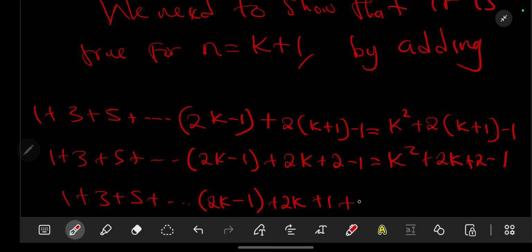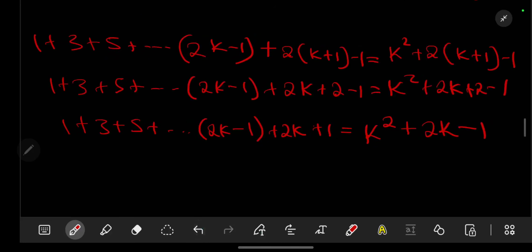So we are going to get plus our k should be equal to, we have our k squared, then we have plus our k, then we have minus our 1. So when you are done with this, what are we going to do?